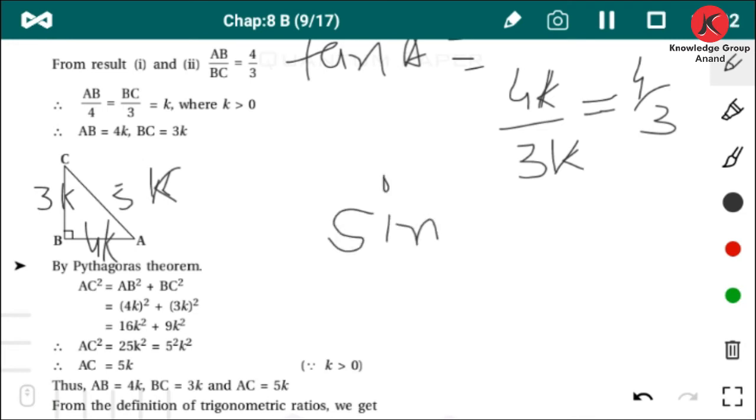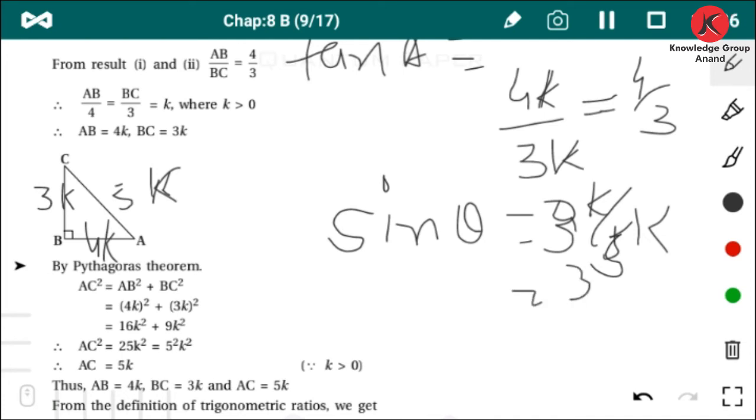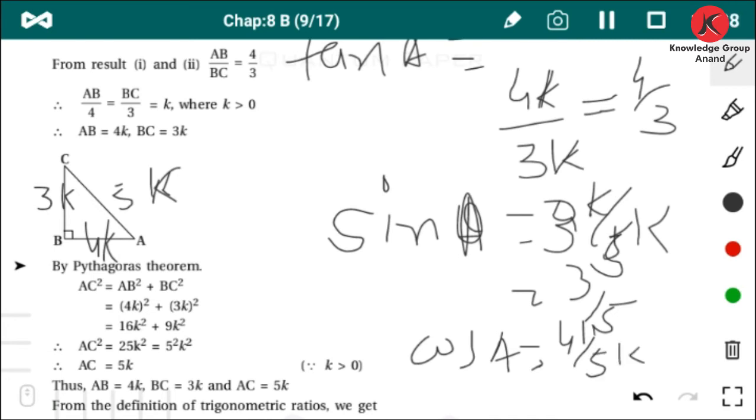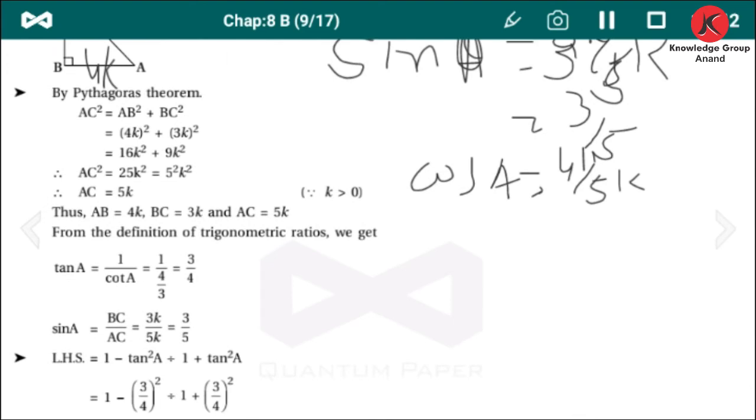Sin A is equal to opposite side upon hypotenuse, 3K upon 5K, equal to 3 by 5, and cos A is equal to adjacent upon hypotenuse, 4K upon 5K. Then put the values 3 by 5, 4 by 5.